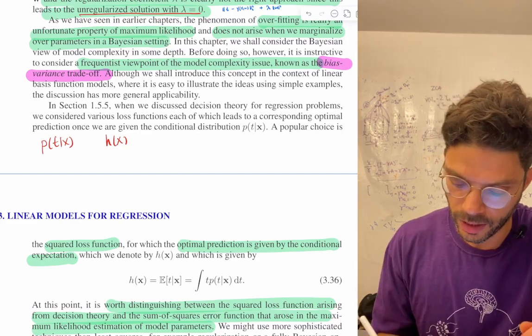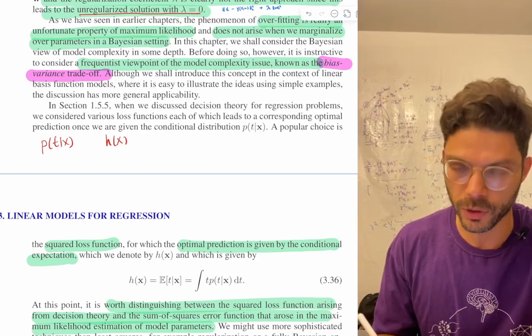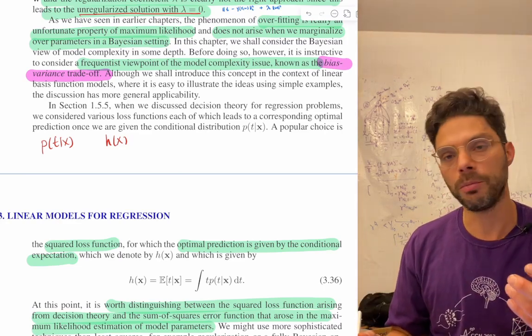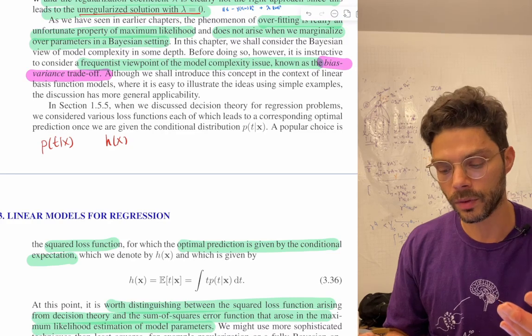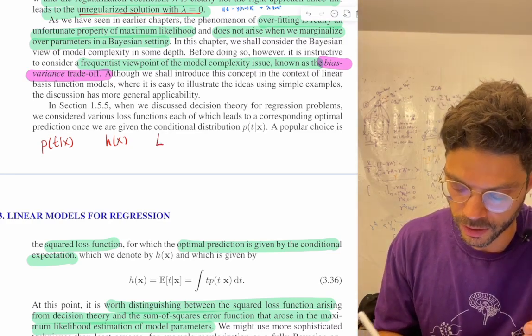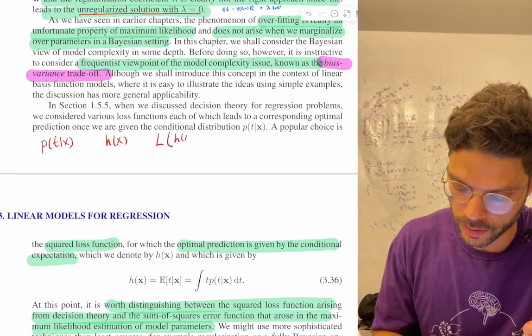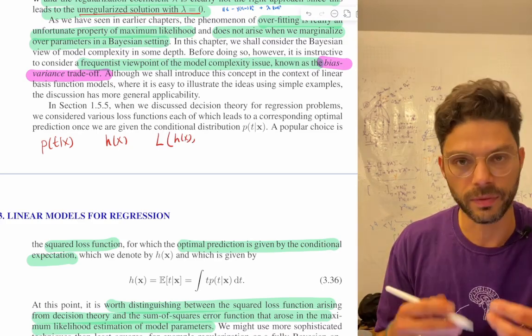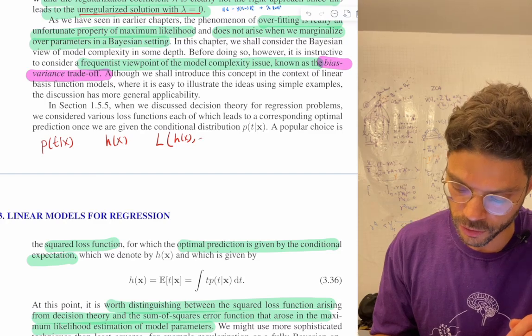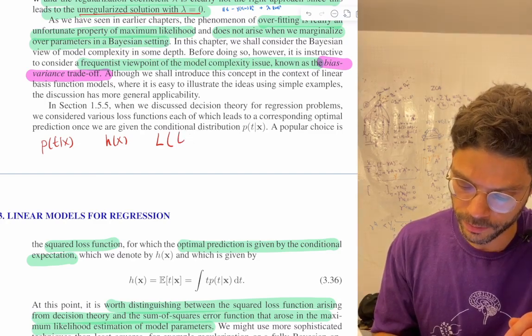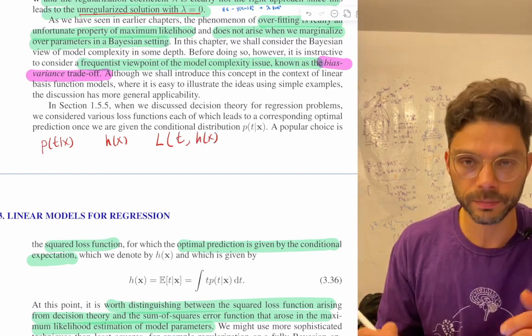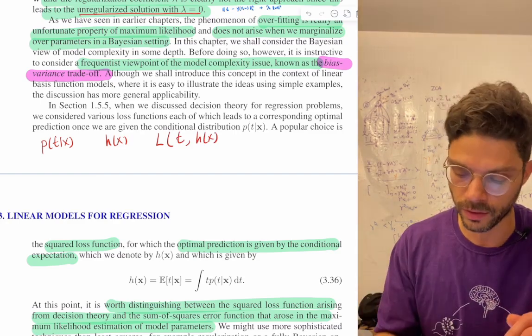Yeah, that's what we're going to call it in a second. And so the point was, to determine h(x), you have to pick how you penalize being wrong, right? So there was this notion of the loss function that was a function of the target and your estimate, your decision for the target.